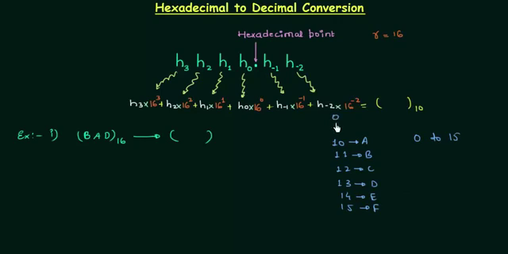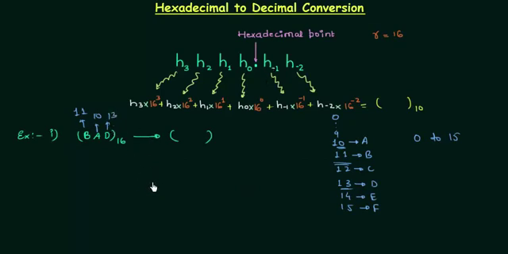So from 0 to 9 everything is the same, but 10 we will represent by A and up to 15 we have F. So B is nothing but 11, A is nothing but 10, and D is 13, right?